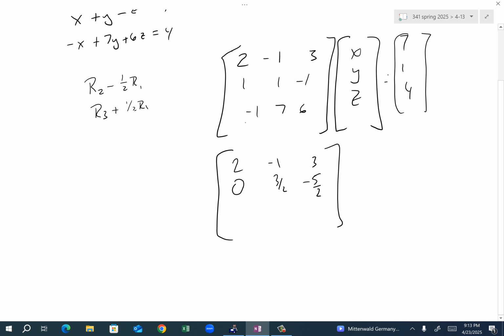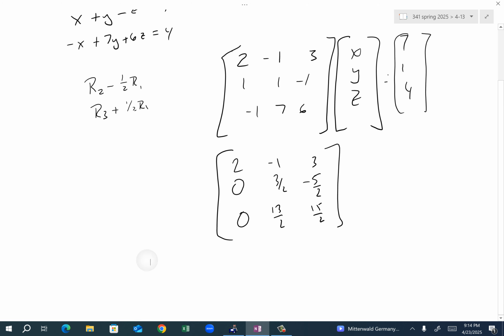And then the third row, it's negative 1 plus 1 is 0. And you're going to have 7 minus a half, rather. So it's 6 and a half, so 13 halves. And then 6 plus 3 halves is 15 halves, I think.